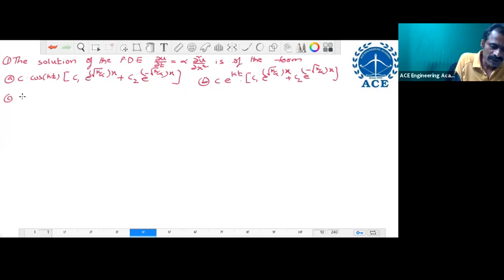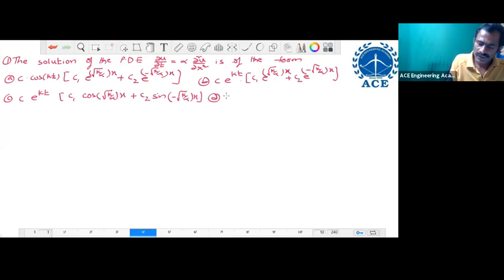Option C, C into e power kt into C1 into cos of under root of k by alpha into x plus C2 into sine of minus under root of k by alpha into x.